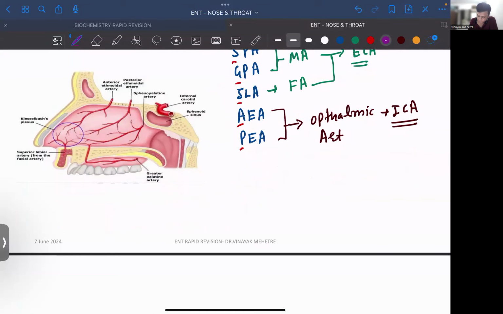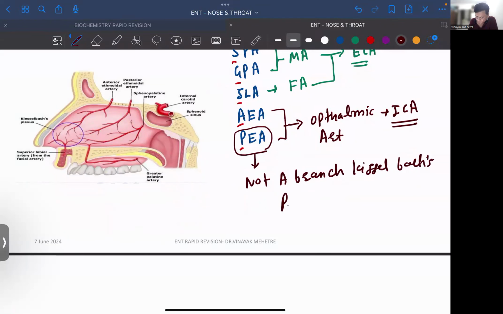Remember, not a branch of Kisselbach's plexus.